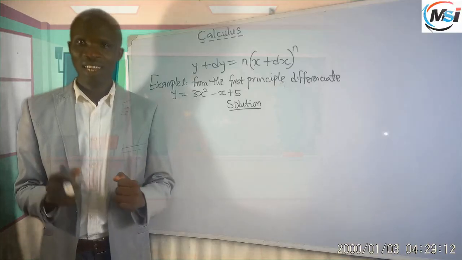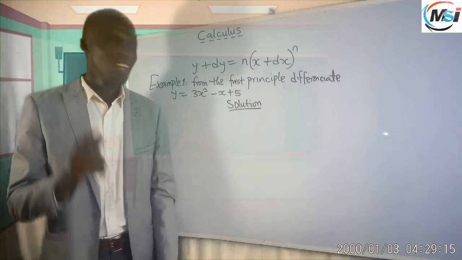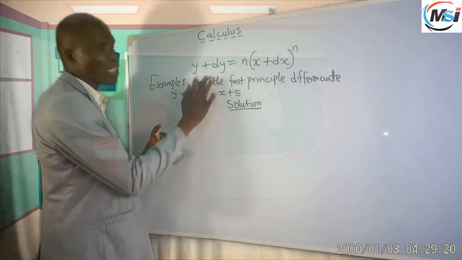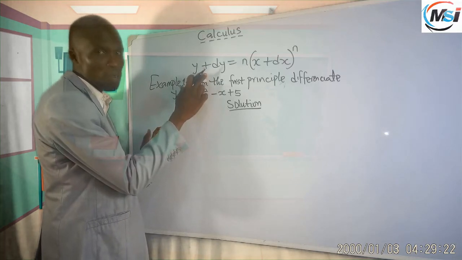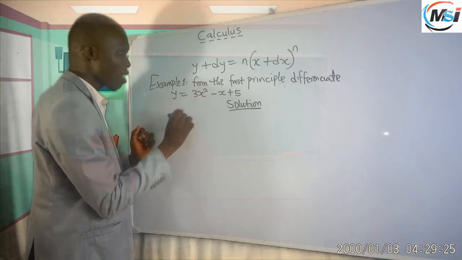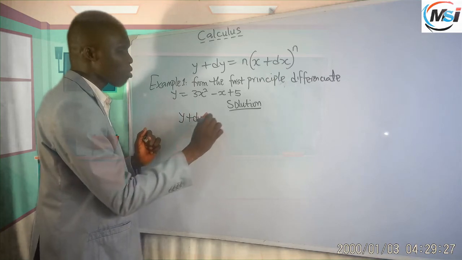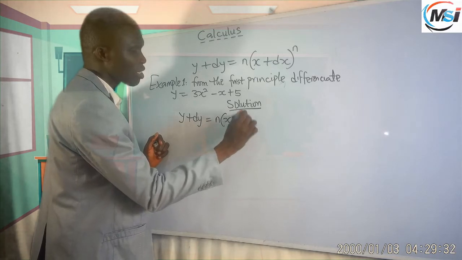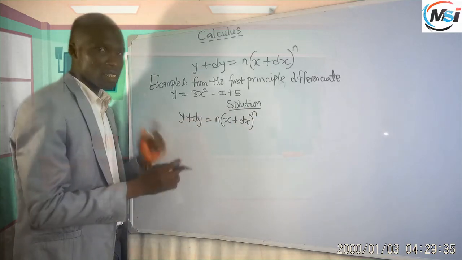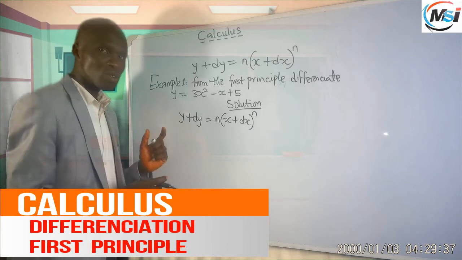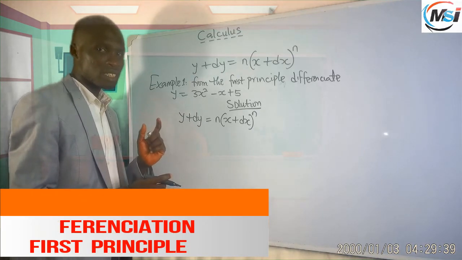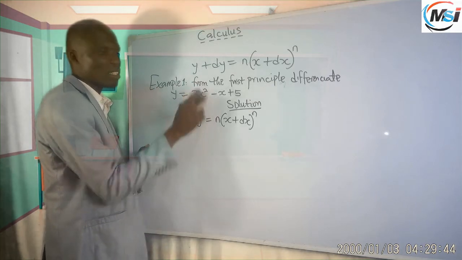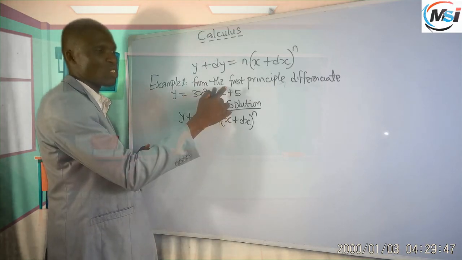Are you ready? I know you are ready. For the first principle, we are going to apply this formula. Remember, y plus dy equals n bracket x plus dx raised to power n. Now, we are going to do something, and what is that? n is 2 here, and n here is 1.